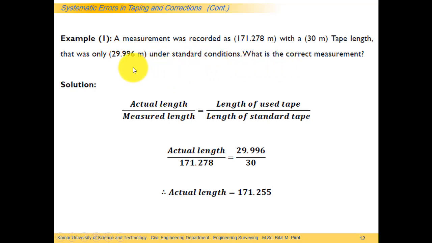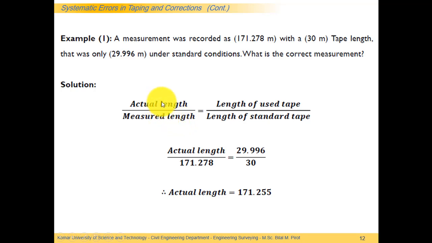By using this tape that is not exactly 30, we measured this number. So this number is not correct, and we have to find it based on a standard tape. A standard tape in this example is 30 meters.